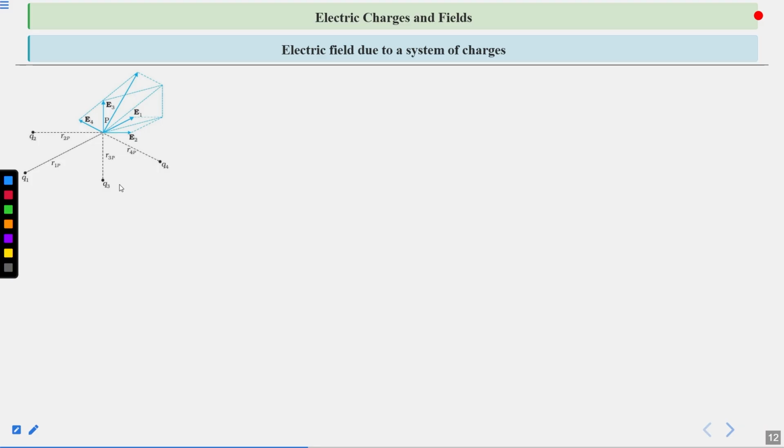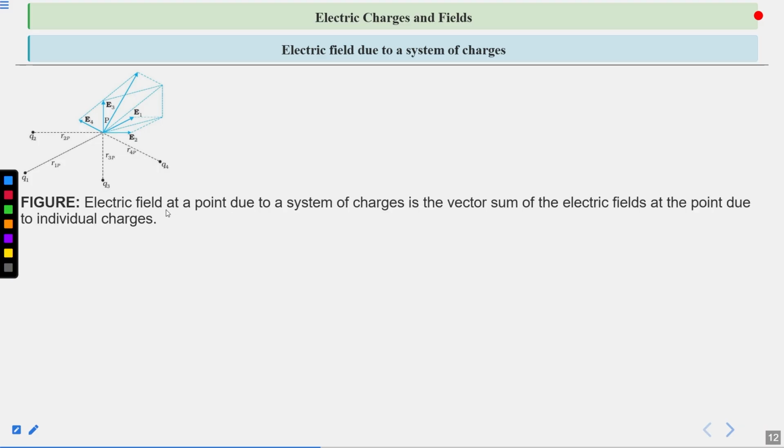So look at the figure here. The electric field at a point due to a system of charges is the vector sum of electric fields at the point due to individual charges.